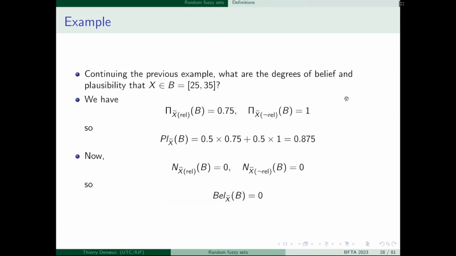But here in both cases, whether the witness is reliable or not, the degree of necessity is 0, so the degree of belief is 0. So we have no evidence, knowing that the witness tells us that the temperature is hot. We have no evidence that directly supports this, but it is somehow compatible or consistent with that information.